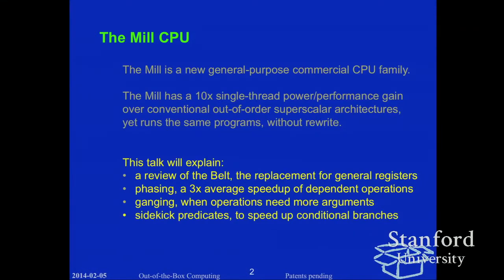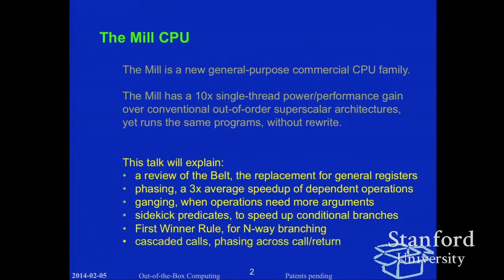And how that gets used to avoid the problems of using condition codes to indicate Boolean values. Lastly, I'll speak briefly on how n-way branching is performed and how, when you have multiple calls in a single instruction, these cascade.